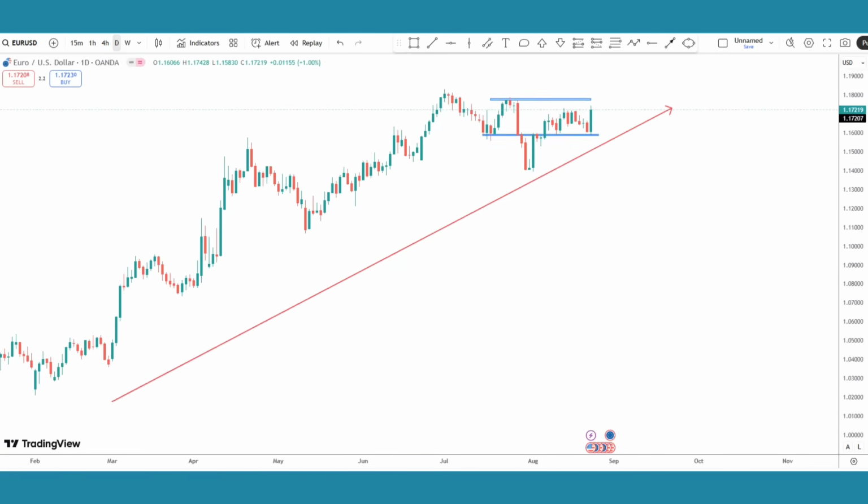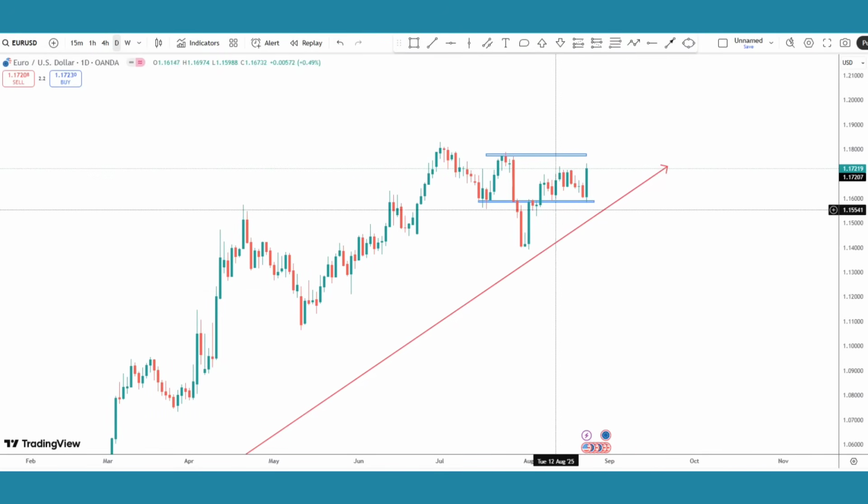Going down to the daily time frame, we can see again very strong bullish moves, breaking the previous resistance level. The last daily candle, you can see how strongly bullish this was, a bullish engulfing candle. Again, a strong indication that buyers are still in the market and could possibly push price to the upside.